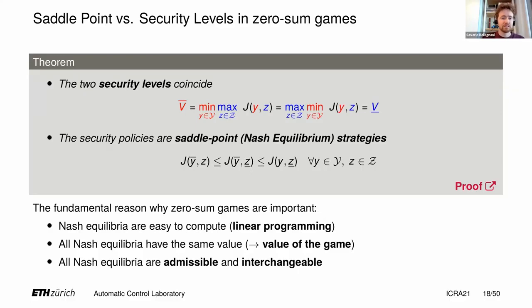Well, there's a theorem that says that these two levels actually coincide. So announcing your decision or not announcing your decision doesn't make a difference in zero-sum games. And if you take the two security policies, they're actually what you should play. They are the Nash equilibrium strategies. The proof is pretty simple.